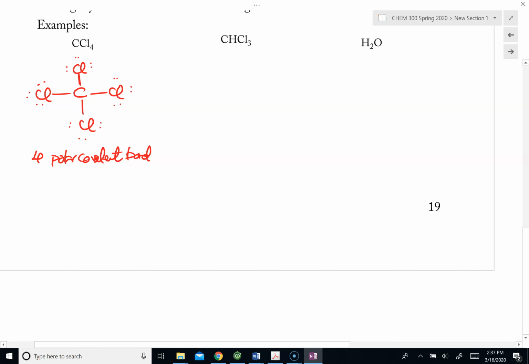But now, before we add all of these dipole moments together to see if they cancel or not, it's really important that we draw the 3D structure of the molecule, because it is the 3D structure of the molecule that allows us to see how all of these dipole moments add together.